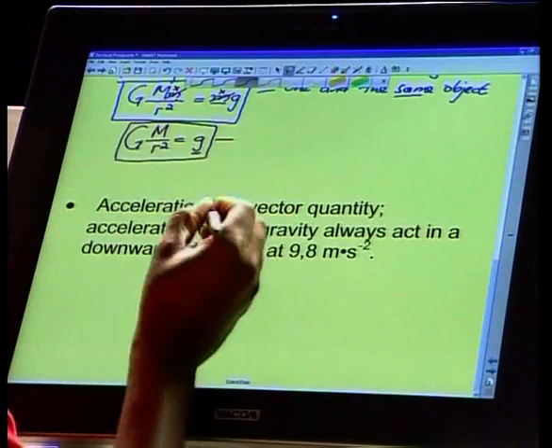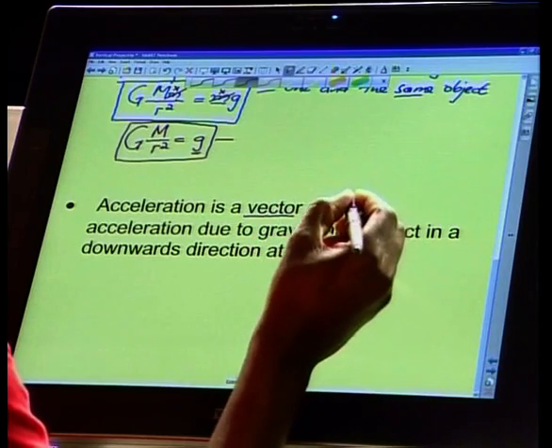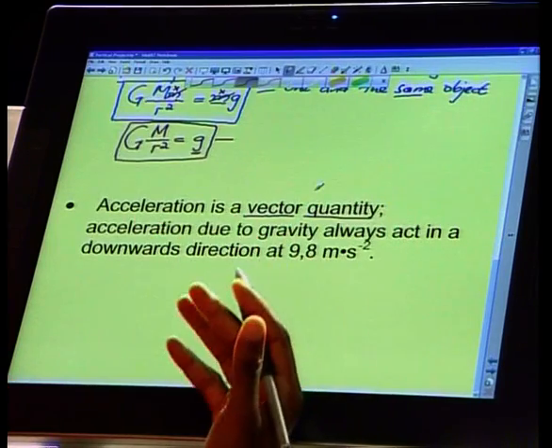It will be the same in the sense that it is acceleration due to gravity. It does not depend on how big the mass of objects are. Okay, so that is very important for you to note. We also need to know that acceleration due to gravity is a vector quantity. Now remember, what do we mean by vector quantity?